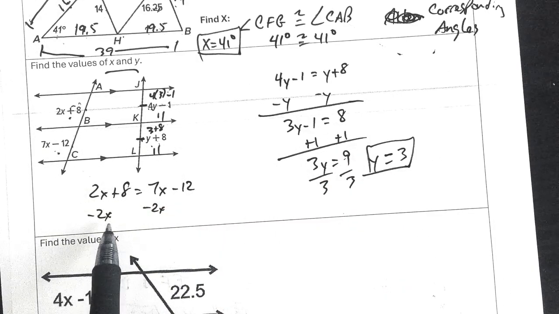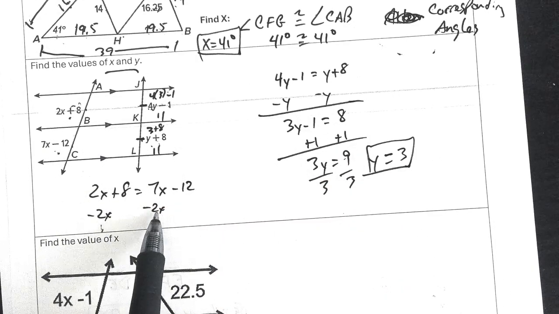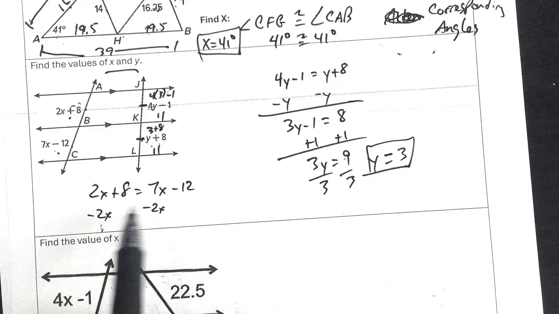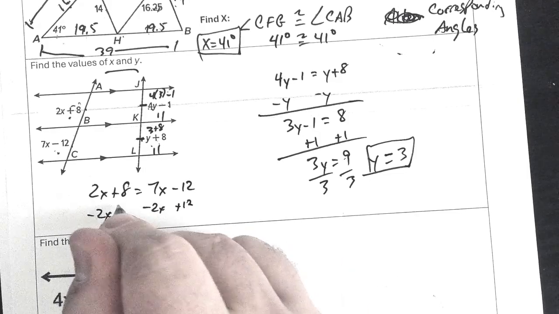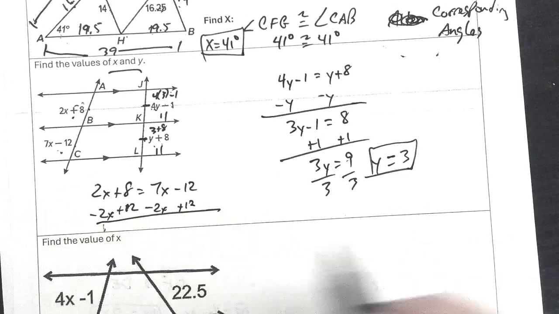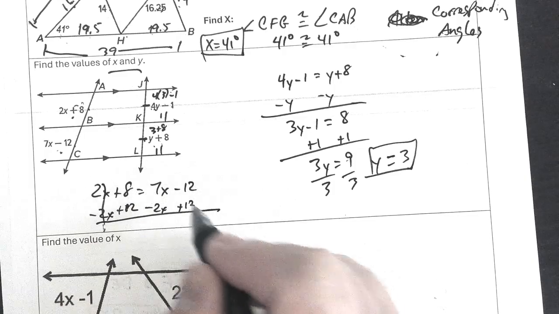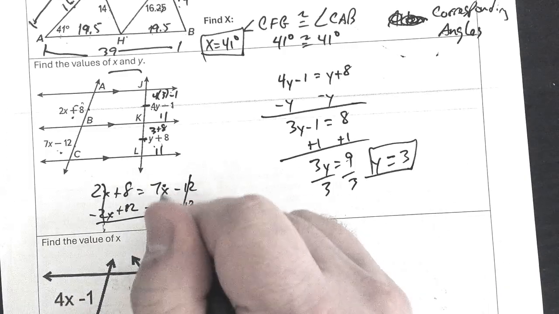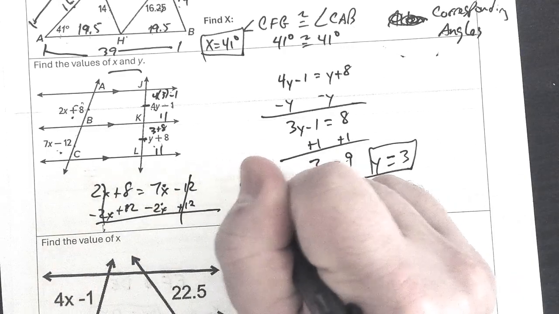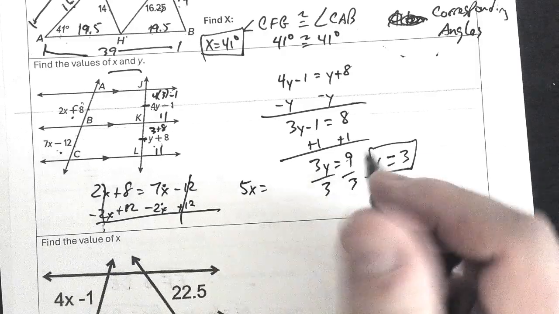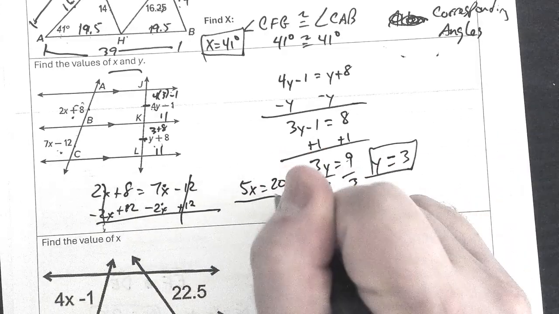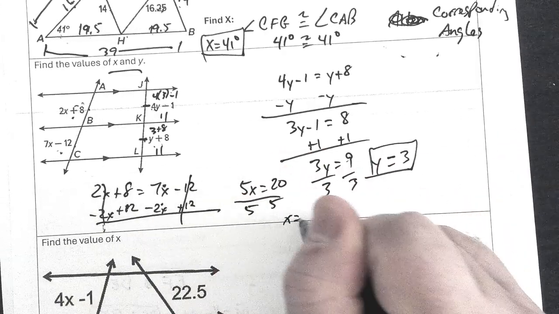We want 12 over here, so we're going to add 12 to both sides. So these cancel. 7 minus 2 is 5x. 8 plus 12 is 20. Divide both sides by 5, and x is going to equal 4.